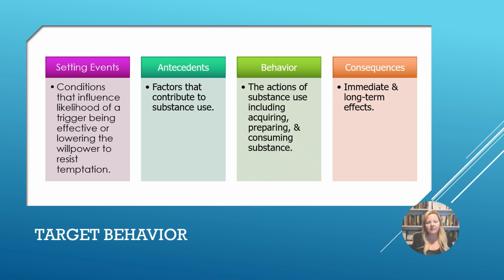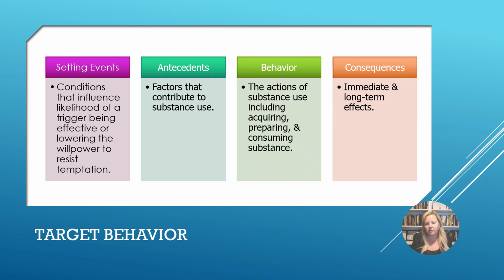As we begin this behavior chain analysis, we're looking at the setting events first. Those are the conditions that will influence the likelihood that if a trigger is present, it will be more effective or it will lower the willpower of the client to resist the temptation. Then we'll look at antecedents, the factors that contribute to substance abuse, the factors that are triggering their desire to use.